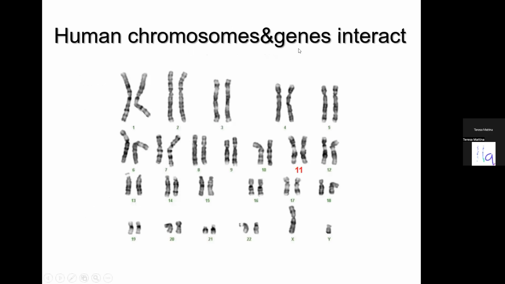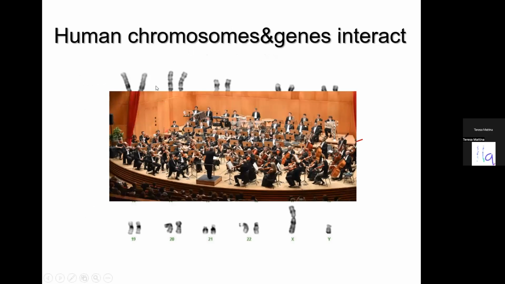Human chromosomes and genes interact. We know that one chromosome 11 is broken, but we know that there is the other one. And remember that genes are like the instruments in an orchestra. We may be missing one violin, there is no problem.